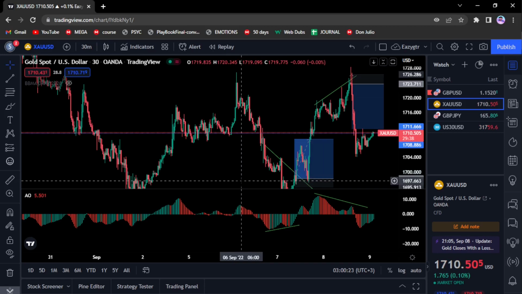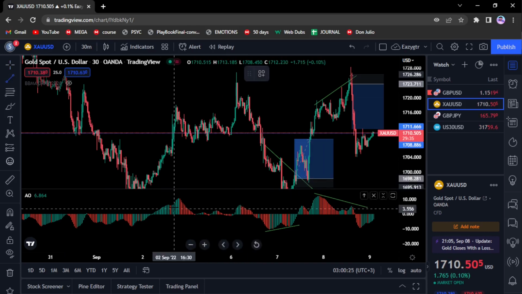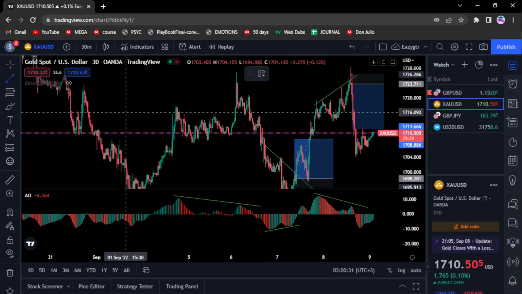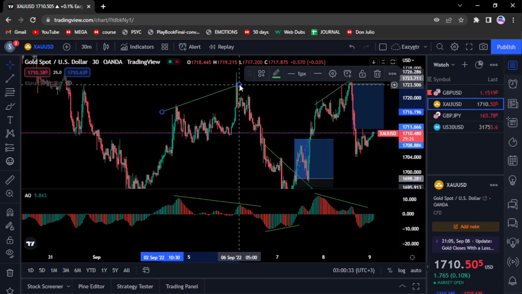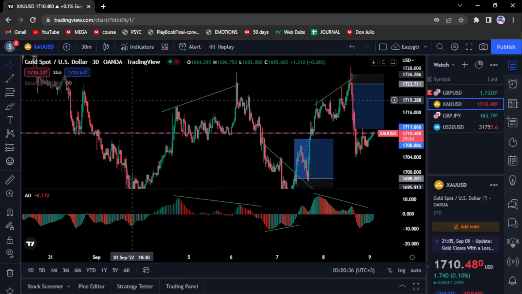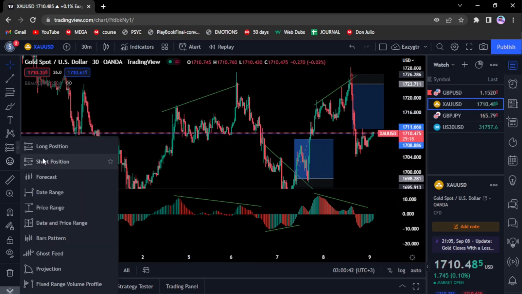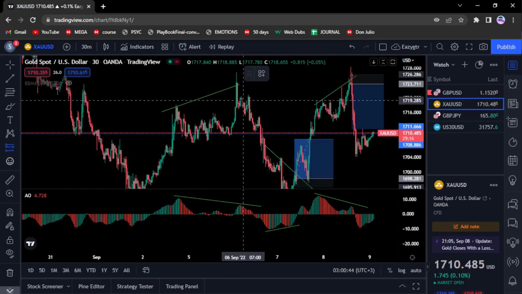If you're keen, you could have realized that we have the Awesome Oscillator making a lower low, while price itself made a higher high. So this is a divergence. You can have your sell at around here.